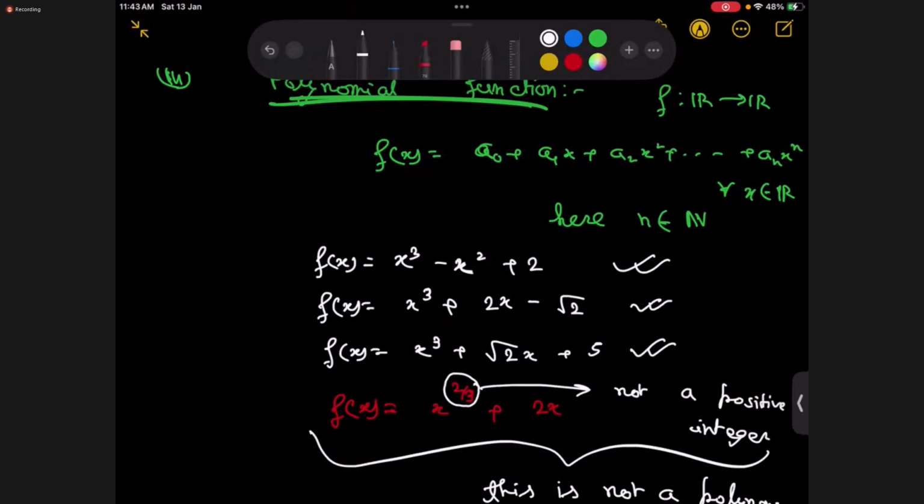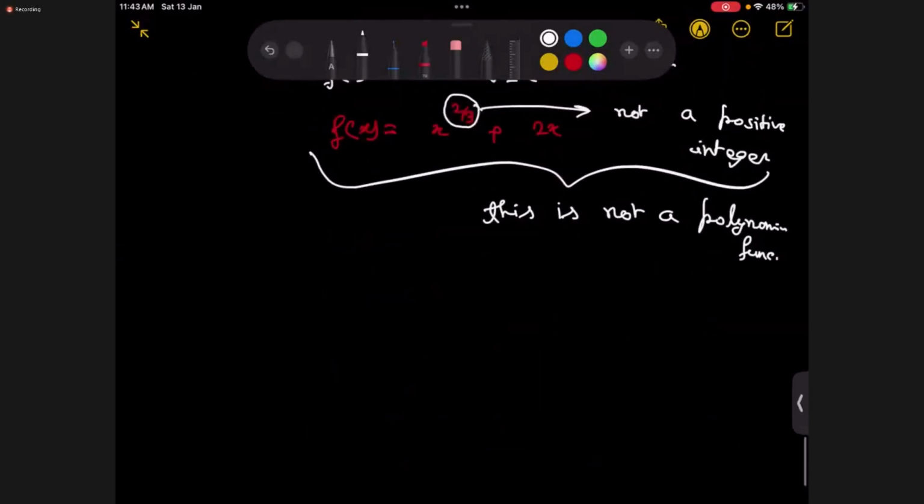Each monomial has a separate graph. Whenever we combine them with some weightage like a0, a1, these are weights on the monomials, and it is difficult to draw a polynomial without knowing the values of a1, a2, a3 and so on. In general, we can draw the graphs of a few monomials, and a polynomial will be a similar kind of function, or a combination of all these functions.